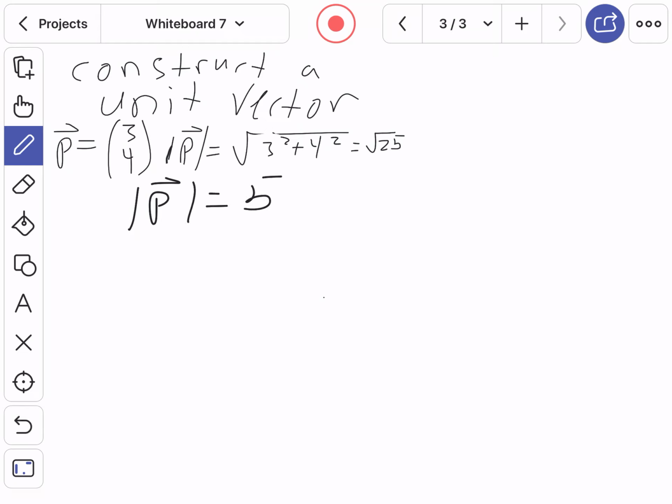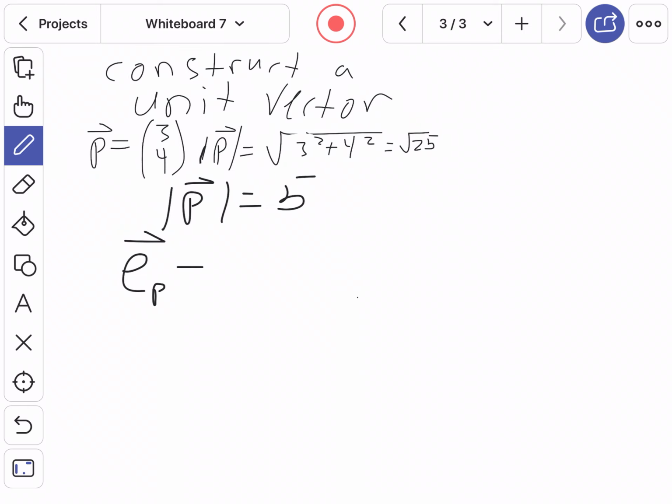So this is the thing that, at least in pre-calc, is really hard for me to convey to students. I don't know why the unit vector is so hard. It makes total sense to me, but whatever you need to do. So I'm going to say a unit vector E, that's what our book uses, and I'm going to put a little p down here because it's going to be in the direction of P. I can construct that unit vector by taking the original vector P and dividing by its magnitude.